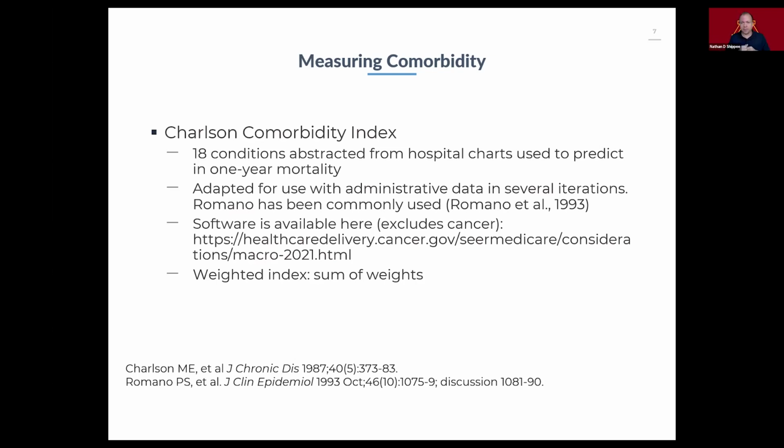It's just a number, but it's going to be higher or lower. And then all of the conditions that they have, the weights for those conditions are added together. That's all it is. And so we'll talk about the process for getting there, but keep in mind that Charlson as an index is a true index in the sense that it is a sum of weights.